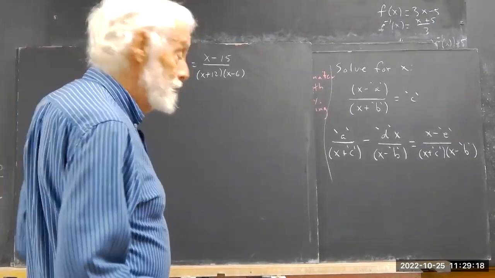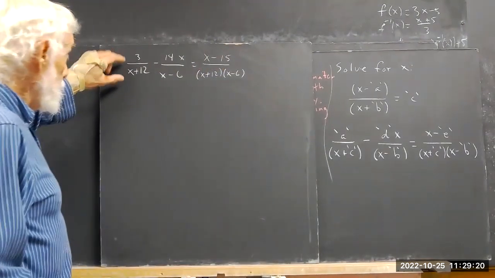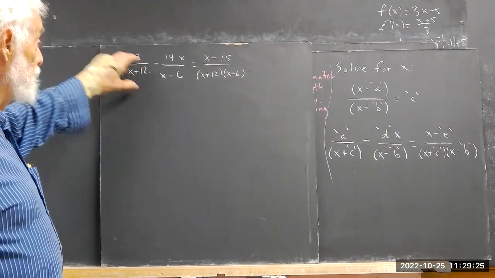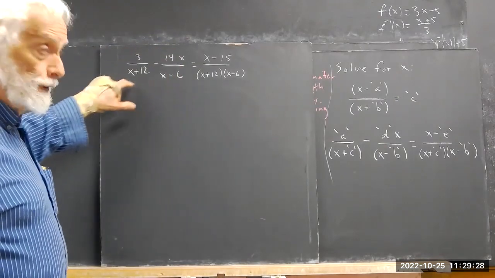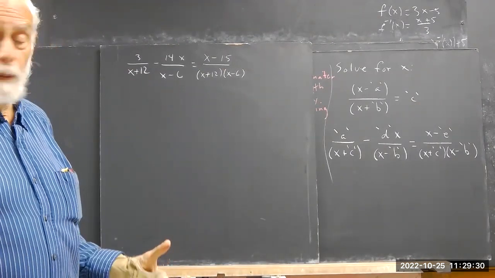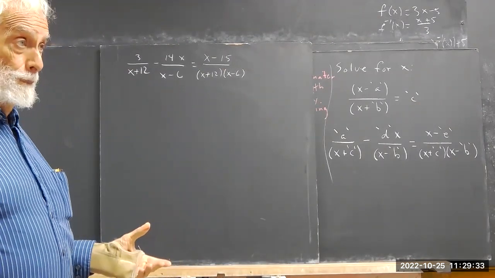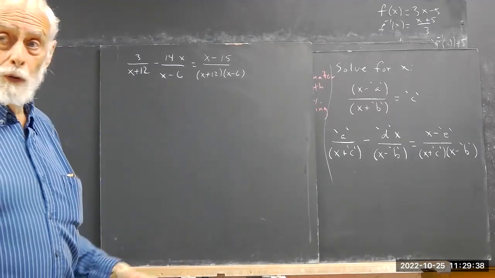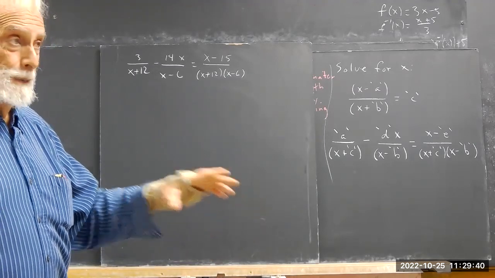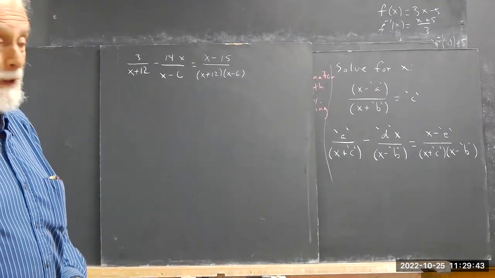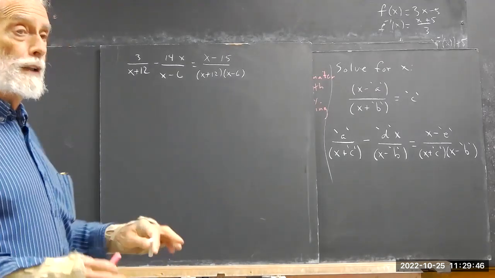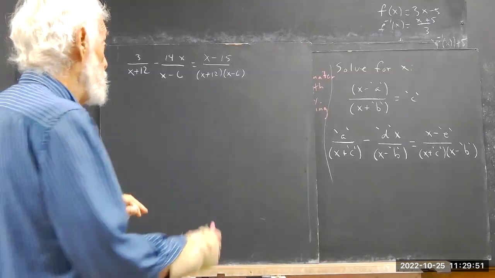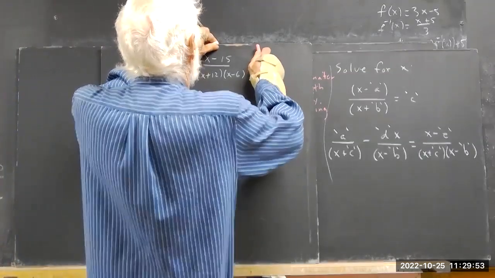Our first step, we can put this over denominator x minus 6, x plus 12 times x minus 6, and this over the denominator x minus 6 times x plus 12. And some people did that and did it correctly. So we could have done that, but I don't have enough room to do that and comment on it, so I'm not going to bother. I'll show you what's easy. And again, if you did that, it can work if you did everything correctly. But it's much easier.